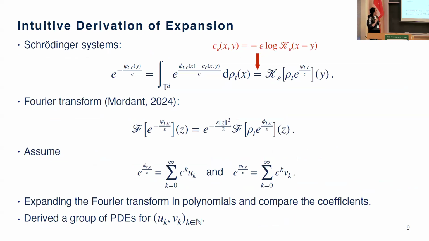And here's the intuitive derivation of the Taylor expansion. I would like to emphasize that the coefficients here should be functions rather than constants. And we know that the Schrodinger potentials satisfy the so-called Schrodinger system. We have 2 equations in this Schrodinger system, so look at the first part of this equation.